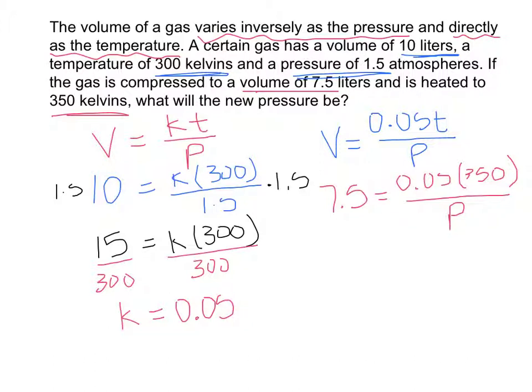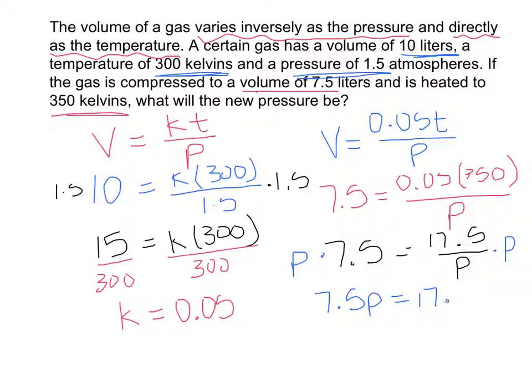So 350 times 0.05, let's take care of that part first. 7.5 equals 0.05 times 350, which is 17.5 divided by pressure. We want to get pressure out of the denominator, so we're going to have to multiply both sides by P. So 7.5 times pressure, P, equals 17.5.